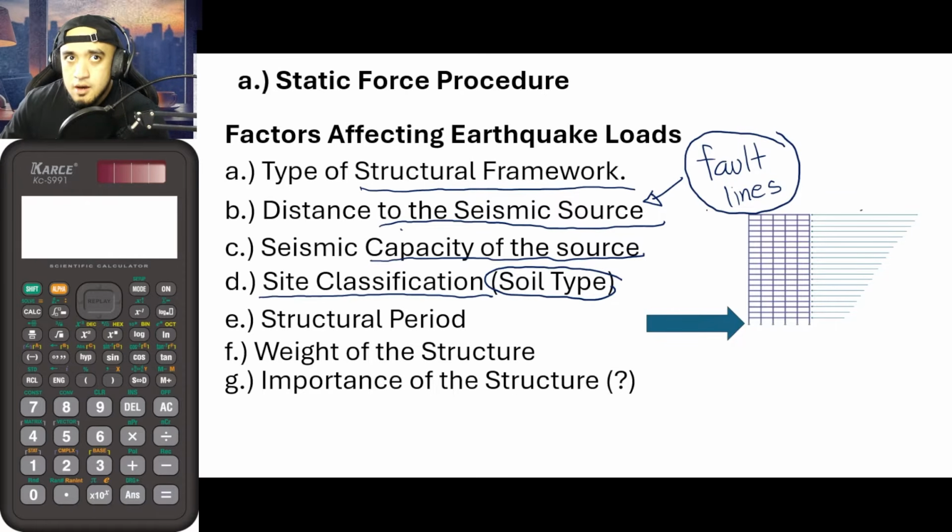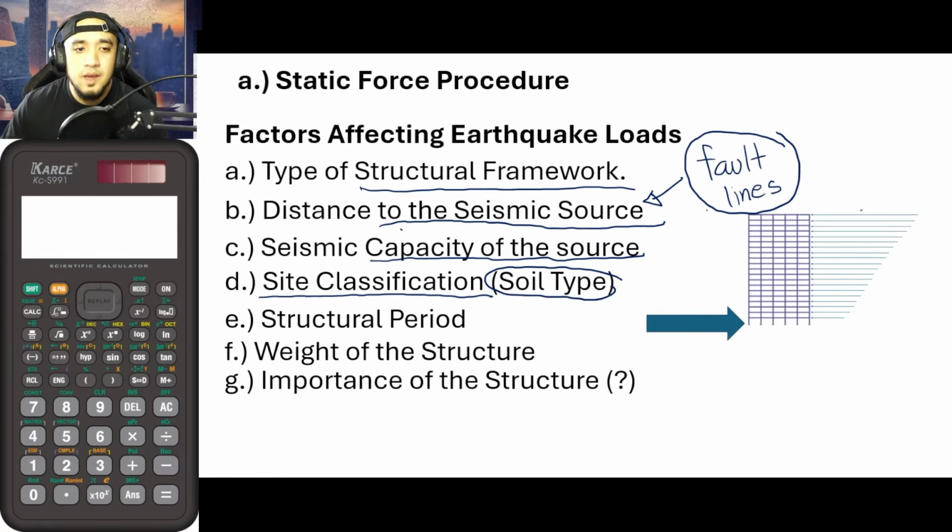And wherever you are here on earth, the soil property would differ. Some soil would be very stiff, some soil would be very dense, some soil would be very soft, some soil would be very mushy and again soft. Okay, so those would also affect the response of the building in terms of earthquake.